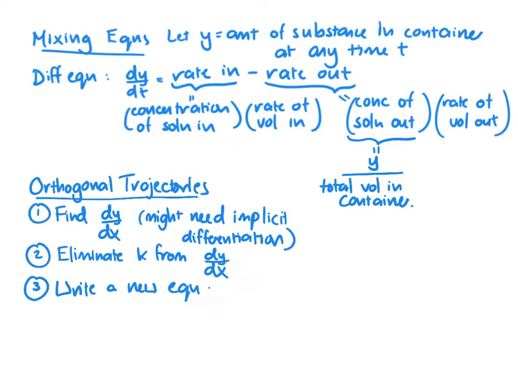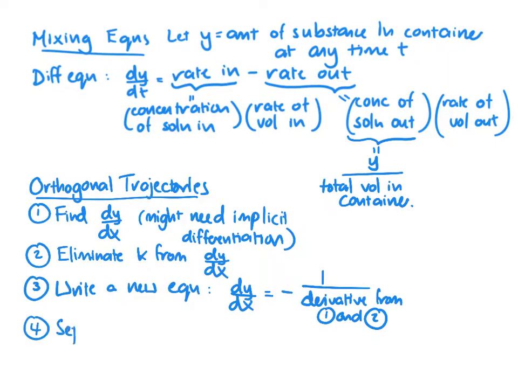The new equation is dy by dx is the negative reciprocal of the derivative we already found. So it's minus 1 over the derivative that came from steps 1 and 2. Step 3 is to write down a new equation where dy by dx is minus 1 over that derivative we found. And then this is a separable equation.